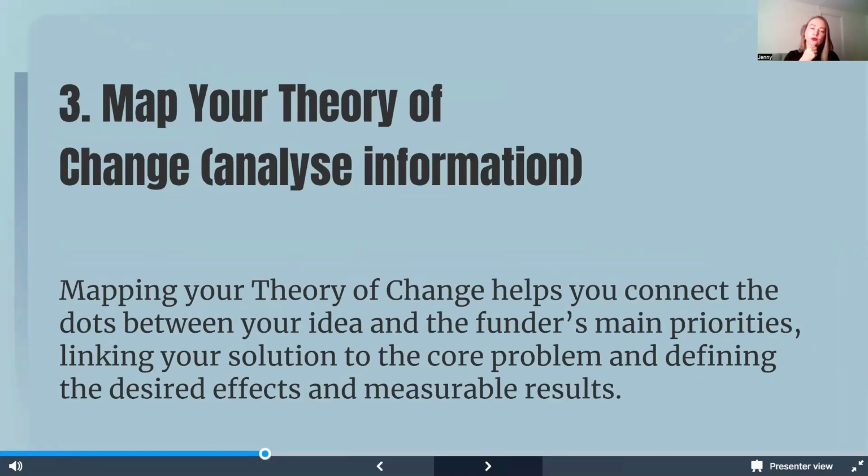You need to analyze all that information in one common workshop, which is called Map Theory of Change, where you invite your stakeholders, for whom you are doing it, and other relevant people, and together you make this analysis. You look at this problem and all the different solutions from different perspectives, and you find this little golden core which someone misses, which is still causing pain somewhere, and you solve this.